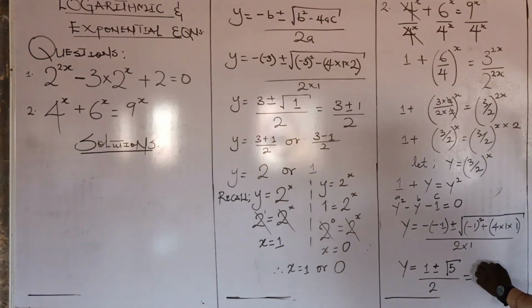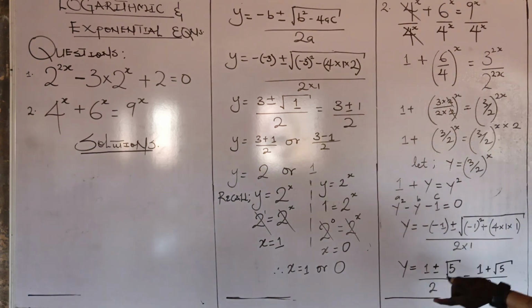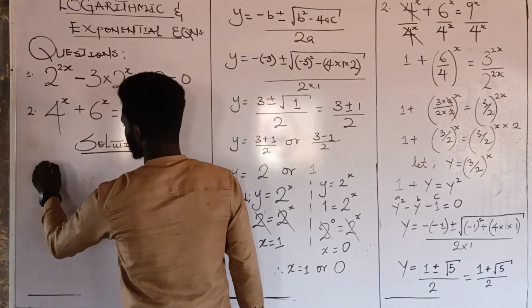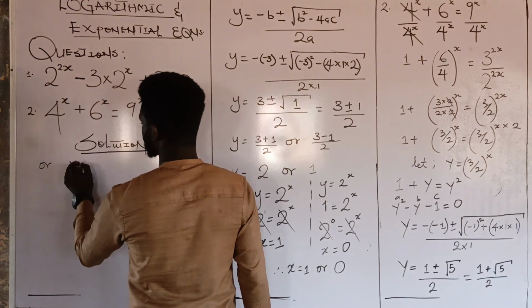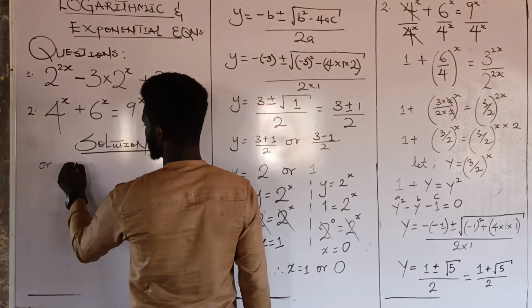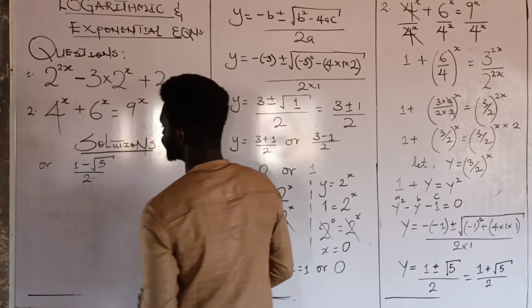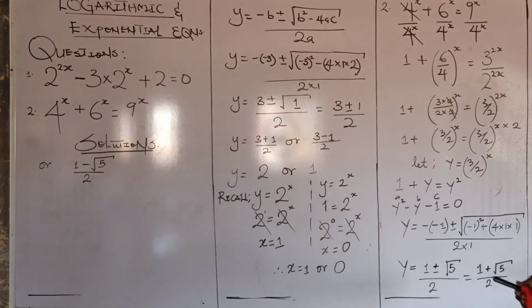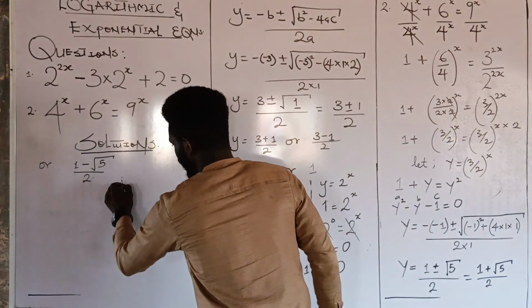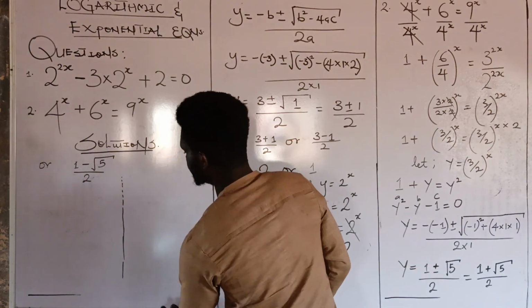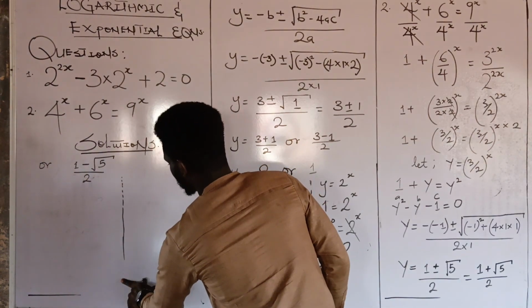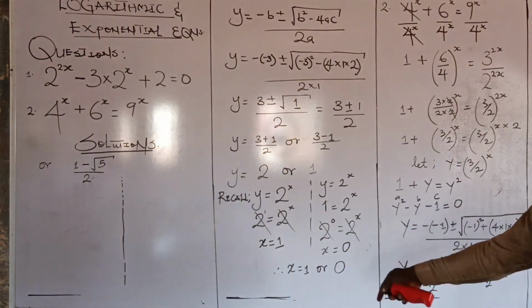So y must certainly be equal to 1 plus the square root of 5 over 2, or y is also going to be equal to 1 minus the square root of 5 over 2. So these are the two values for y. Y has to be either of these two. But we are told to look for x, do not forget. So the same thing we did for the first question is also what we are going to apply, the way we separated it.